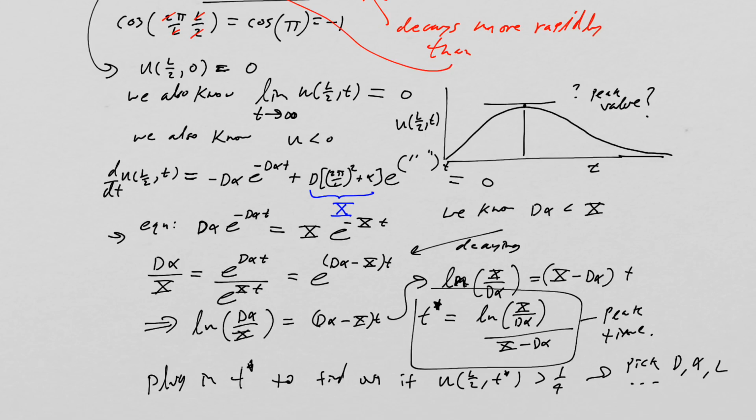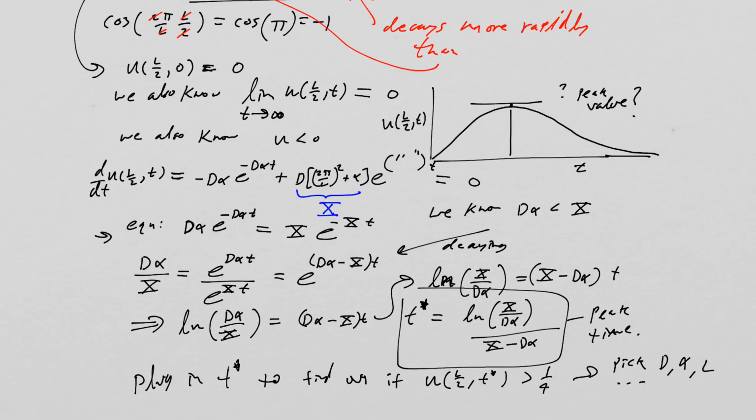Clearly, what we can tell from this is most certainly that a peak does occur at x equals L over 2 before it starts decaying again.